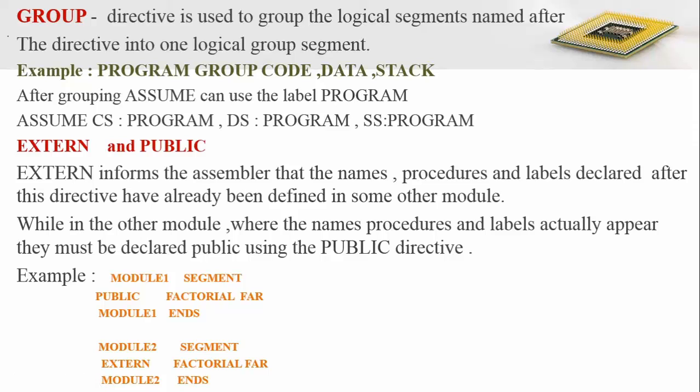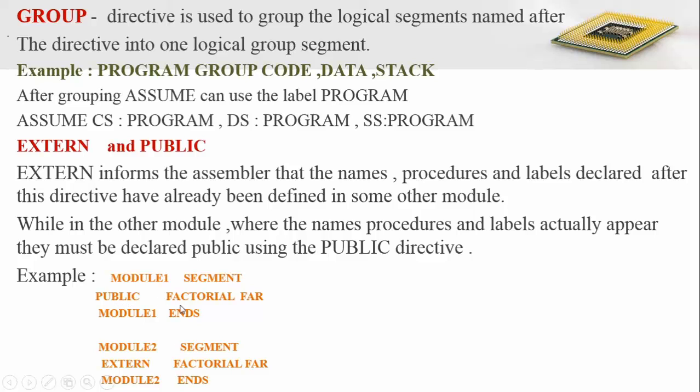So while accessing a variable or procedure of one module from another module, we need to specify the directive extern before the procedure name or variable name. This extern indicates that the factorial is defined somewhere in some other module of the same program.